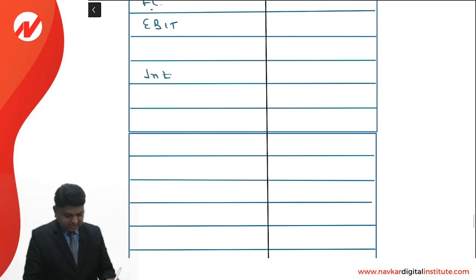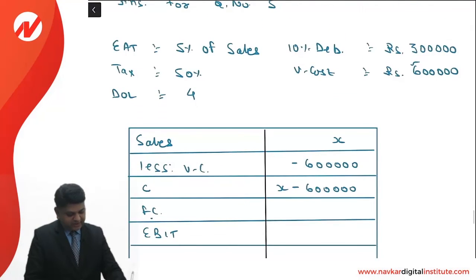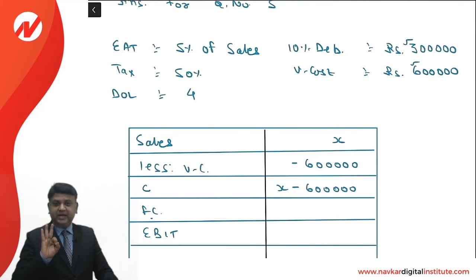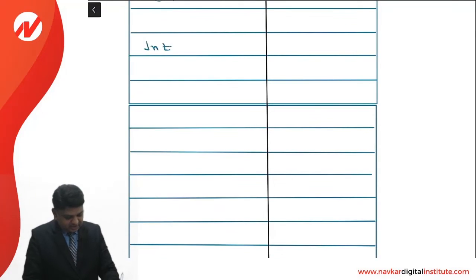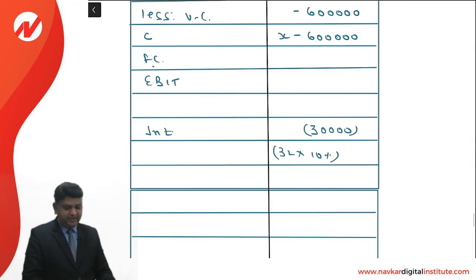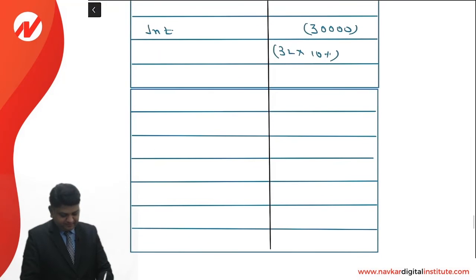Amount of the interest. You can see that the question is providing the company has issued debentures of an amount of 3 lakhs having rate of interest 10%. So the interest is 30,000. It is 3 lakhs into 10%. EBIT minus interest is EBT. Again, we do not know.